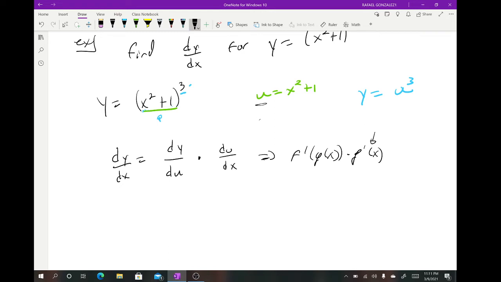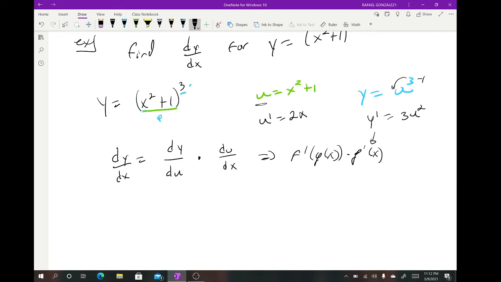So we have to find out what the derivative of u is. And we have to find out what the derivative of y is, because y in this case is our f of x. Well, by the power rule, we know that the derivative of x squared plus 1 is simply going to be equal to 2x. The derivative of x squared is 2x, and the derivative of a constant like 1 is 0. Y prime, on the other hand, is going to be equal to 3u squared. Remember, we bring down the 3 and then we subtract 1 from the exponent by the power rule.